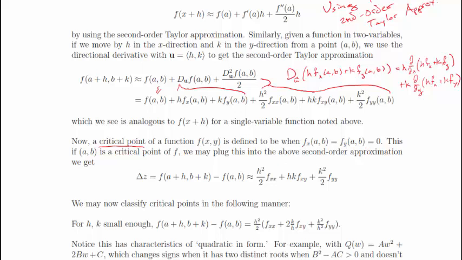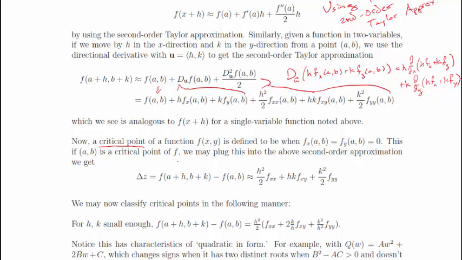If we plug this into the equation that we just worked out, so if we assume a comma b is a critical point, then both of the partial derivatives are going to be 0, but the second derivatives like f sub xx and f sub xy are not going to be 0 necessarily. So we plug in 0 for f sub x and f sub y, and those will disappear.